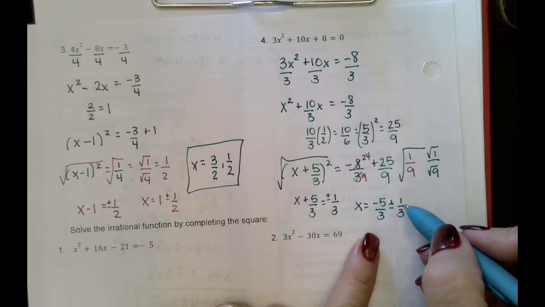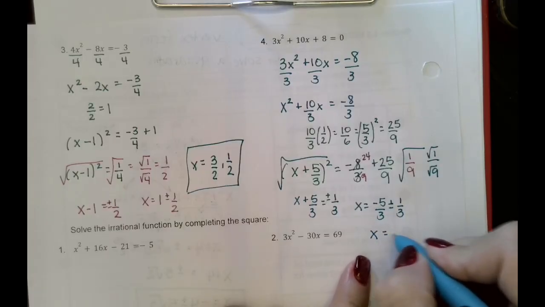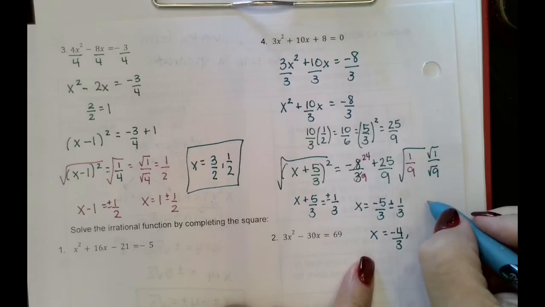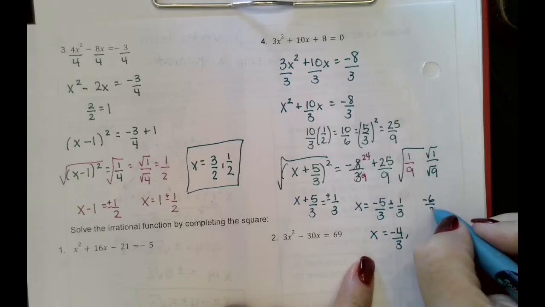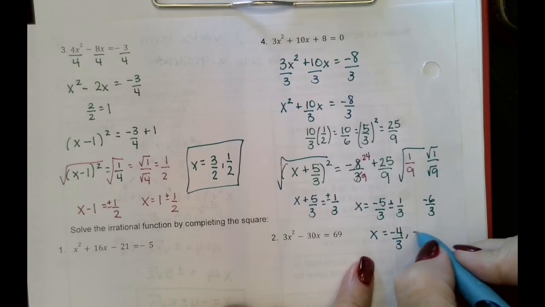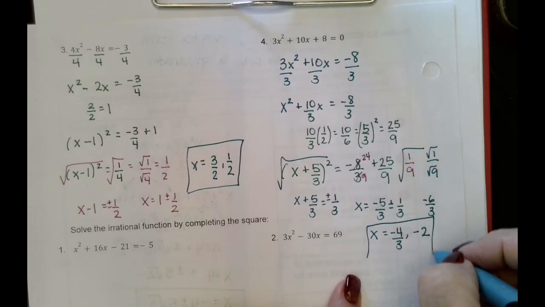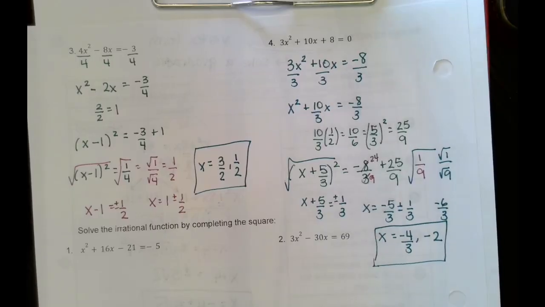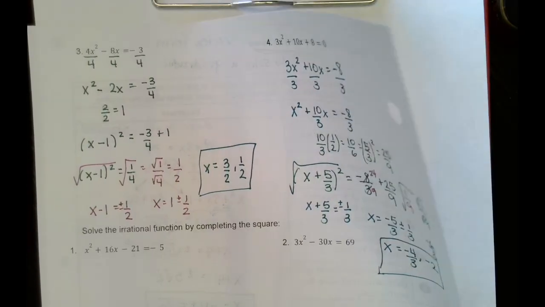So if I add, I'm going to get x equals negative 4 over 3. And if I subtract this, I would get negative 6 over 3, which is the same thing as negative 2. So those are my two answers, negative 2 and negative 4/3. Okay. That one is much harder because we've got all those fractions in there.